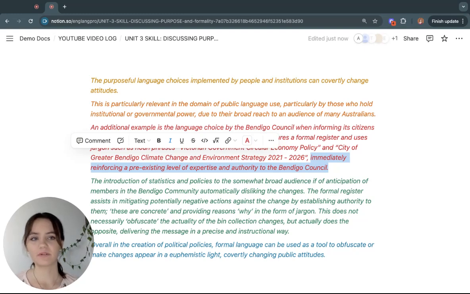So it has some sort of societal authority, and they're the ones, of course, making changes to something that's going to affect a broad audience, right? Now, I'm going to say, well, what's actually happening if you're this kind of broader, bigger authority group with some level of authority, is that you already have expertise and authority. So it's reinforcing a pre-existing level of expertise.